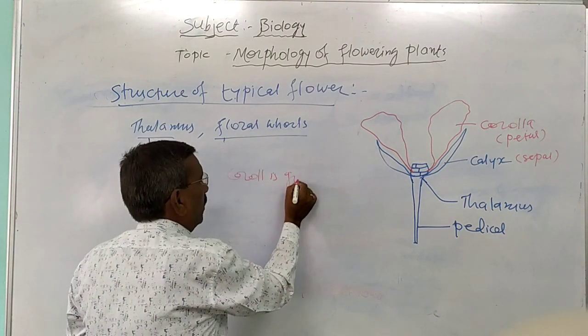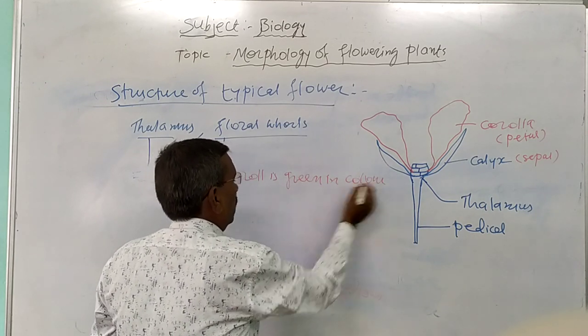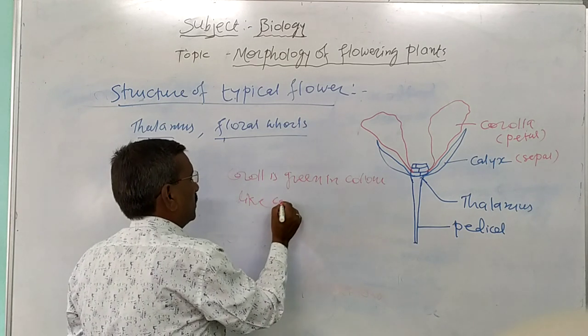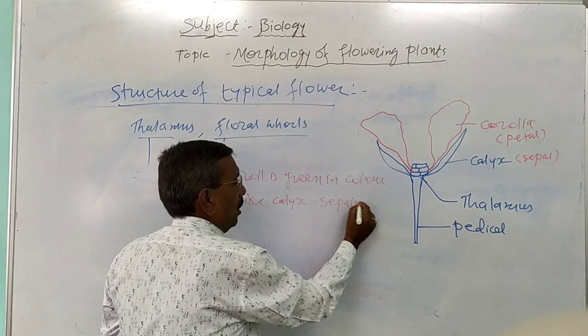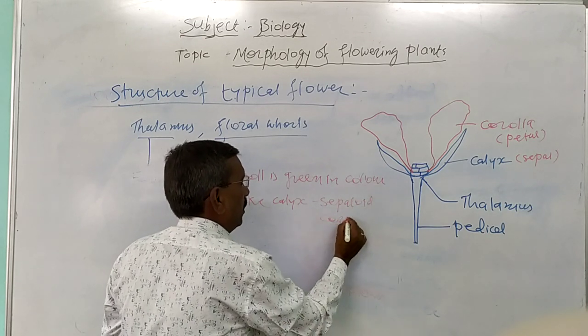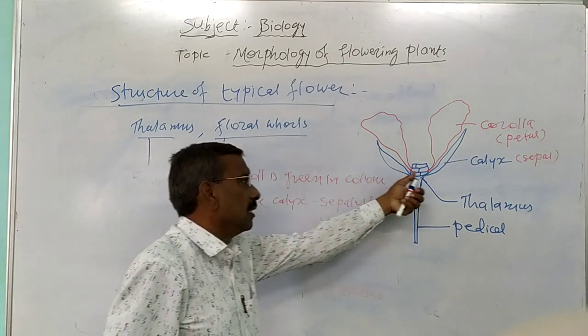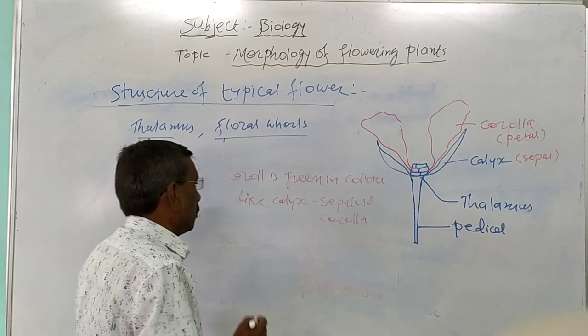But when the corolla is green in color, like the calyx or like a sepal, that corolla is known as a sepaloid corolla.